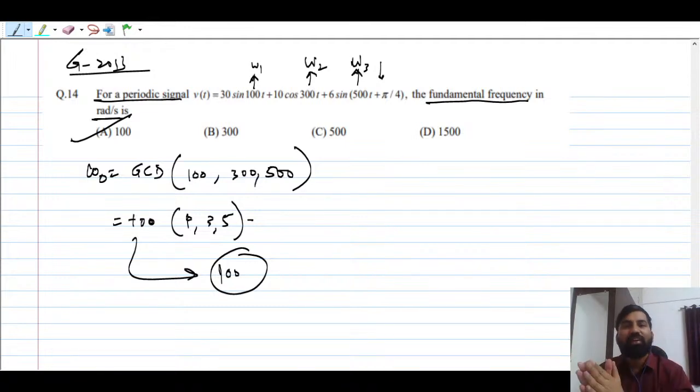Only then can you add the powers, otherwise how will you add powers? Then you can find the RMS. Fine, so these are the important concepts that you have to always keep in mind.